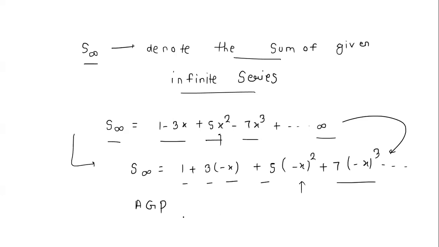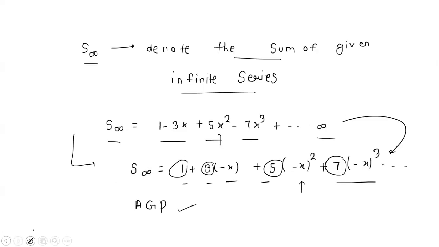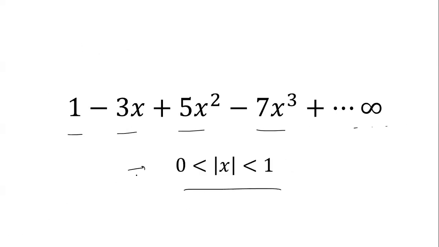So you can easily see that this and these are same. And now you can see this is an arithmetic geometric progression series. Like these terms 1, 3, 5, 7 are the terms of the arithmetic progression, and minus x, minus x whole square, minus x whole cube are the terms of the geometric progression. So this is an AGP series where the common ratio is minus x, and in the problem it is given that mod of x is lying between 0 to 1, so the common ratio is lying between 0 to 1.